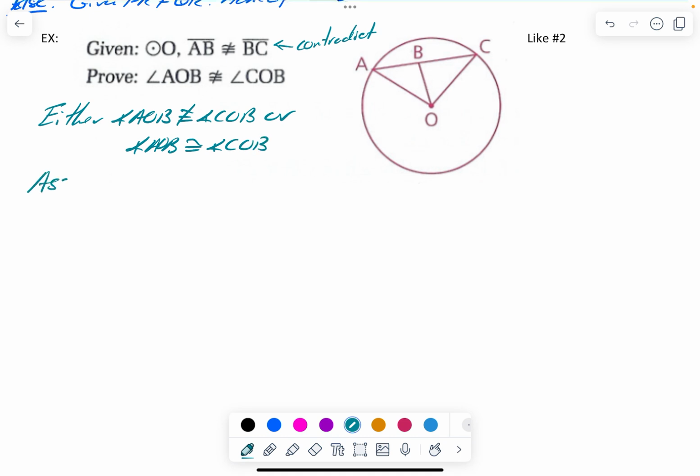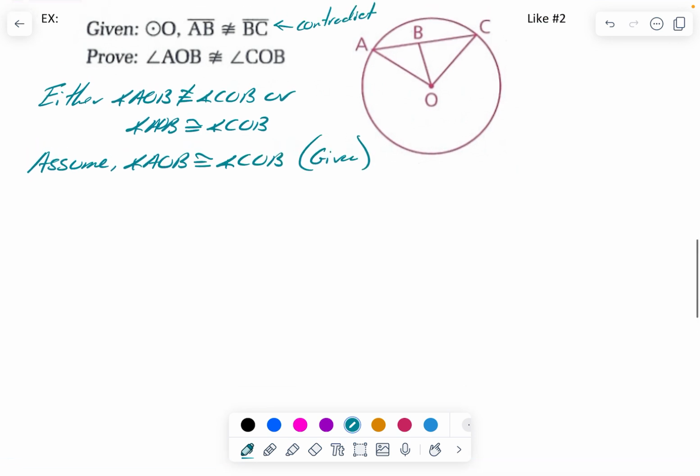We are going to assume the opposite of what we want to prove. We're going to assume angle AOB is congruent to angle COB. Remember, that is a given now. We stated it. It's not in our two columns, but it's just as if it was. It's just right above where we start our two columns.